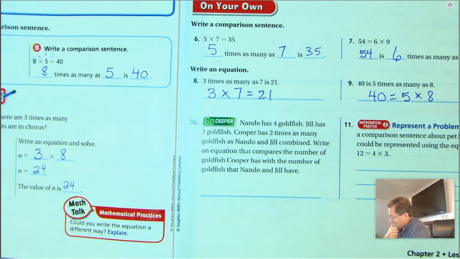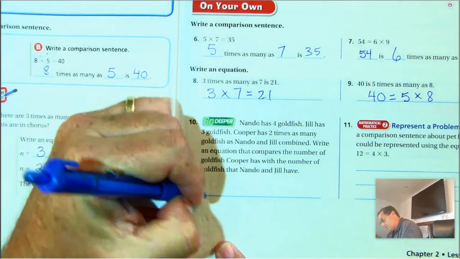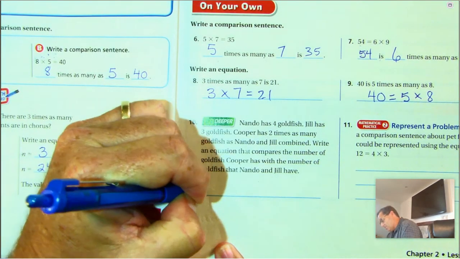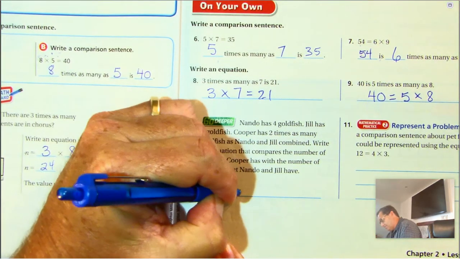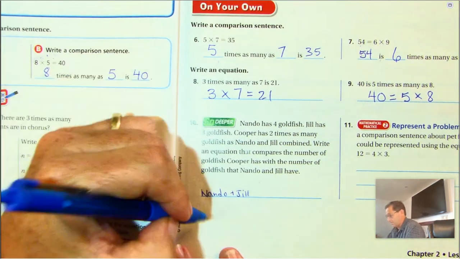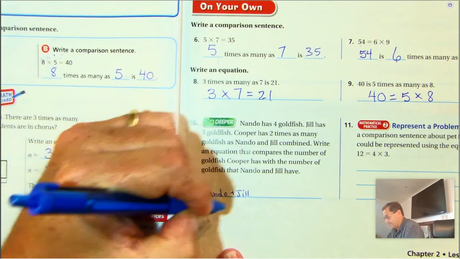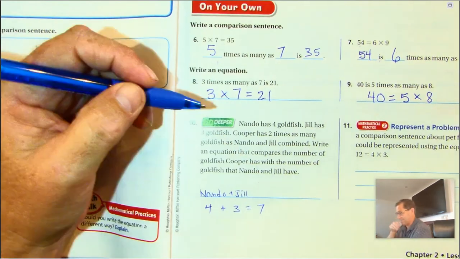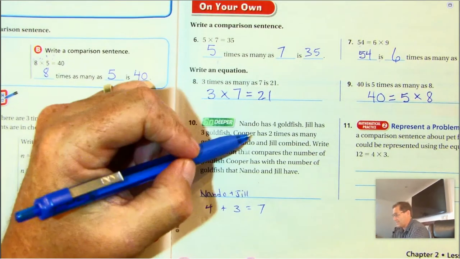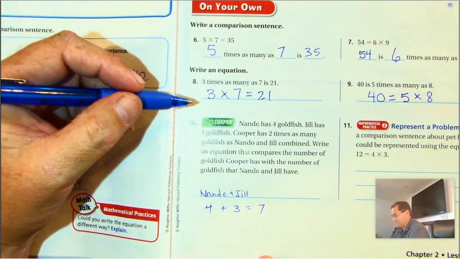Okay, so we know Nando plus Jill. So Nando has 4 fish, Jill has 3, so they have 7. And we know that Cooper has 2 times as many.